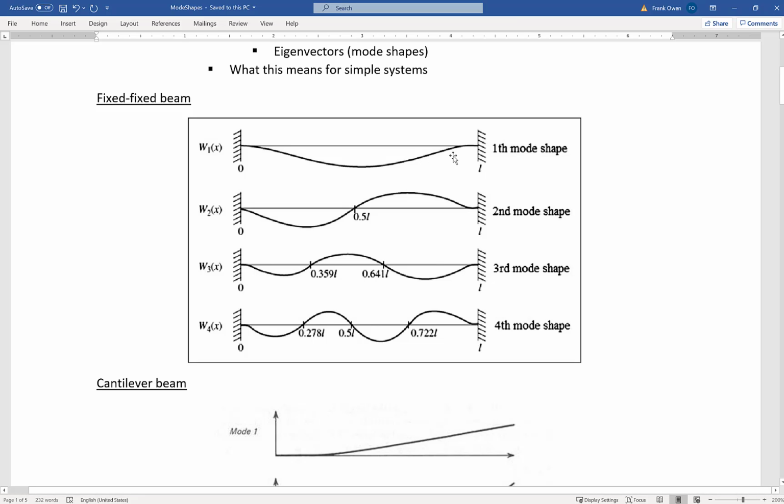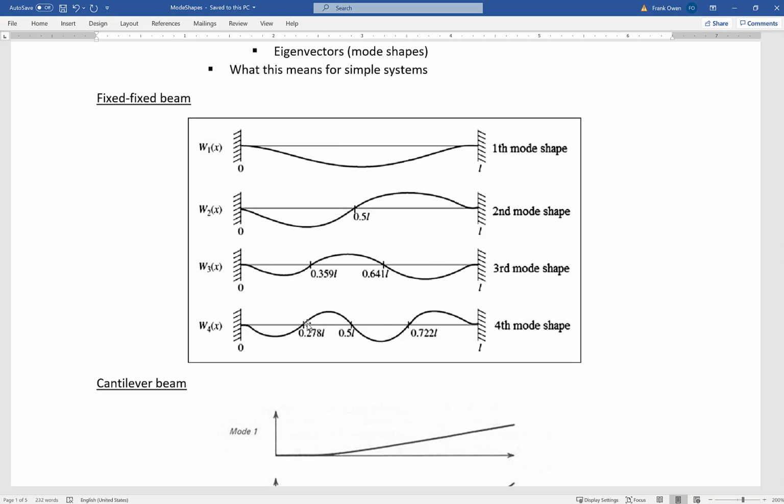What happens though is that with each mode shape there's a frequency that belongs to that particular mode, and the frequencies go higher and higher. So for instance, this fourth mode shape, the beam is bending a lot. It has a lot of little peaks, and these are called nodes here, where that mode is sitting on the equilibrium position of 0.